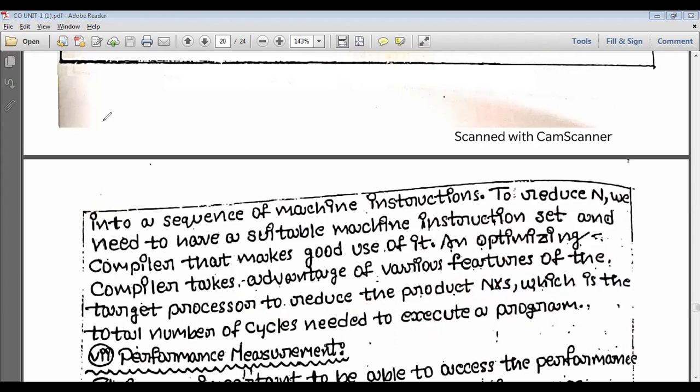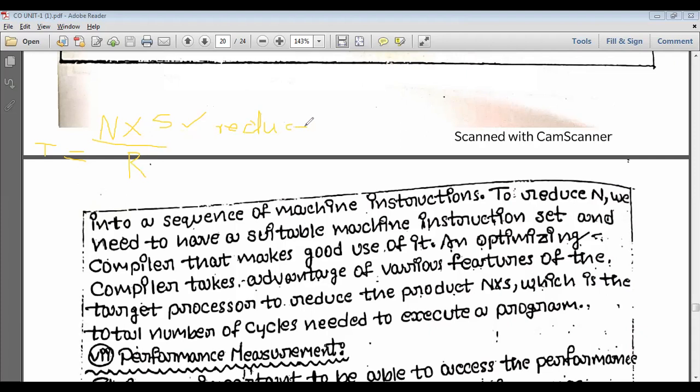T equal to n into s by r. Here n into s is present in the numerator. Whenever this numerator is reduced, the whole factor is also reduced.